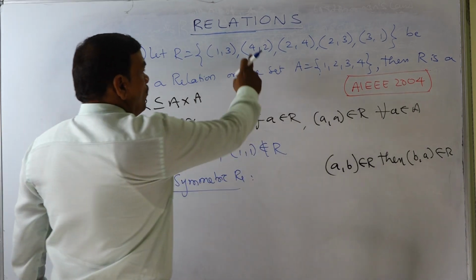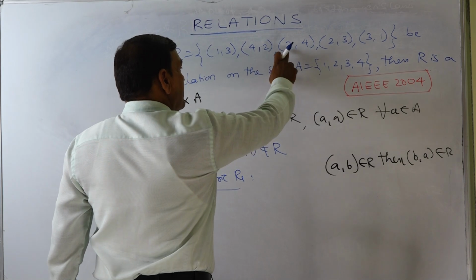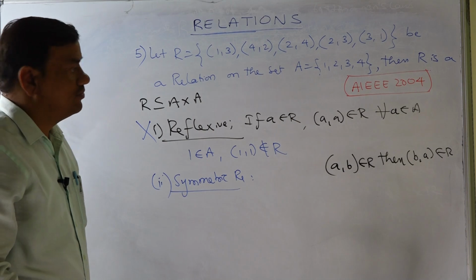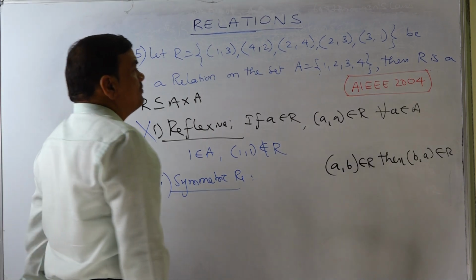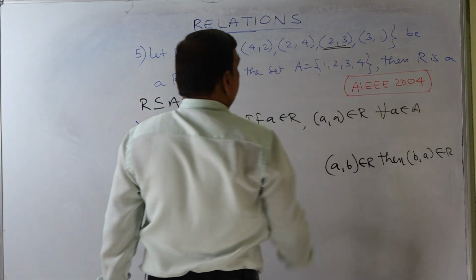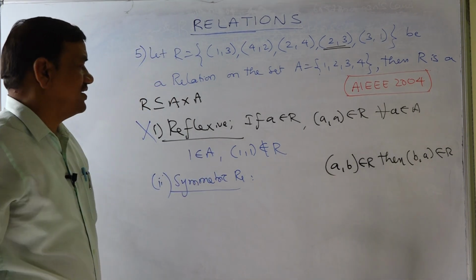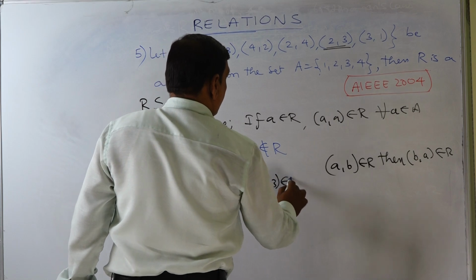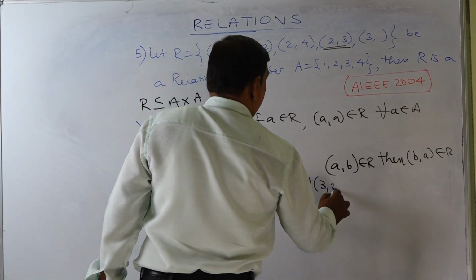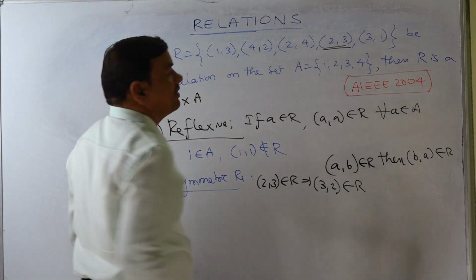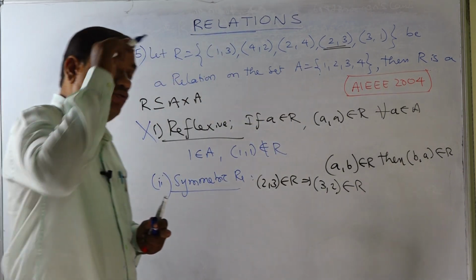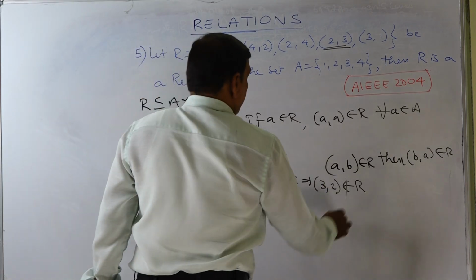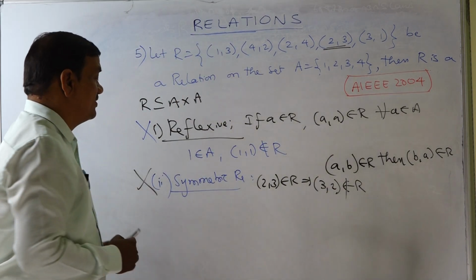Next, 4 comma 2 is there, then 2 comma 4 is also there. Next, 2 comma 3 is there, but 3 comma 2 is not there. See here, 2 comma 3 belongs to R. 3 comma 2 should also be there. If 2 comma 3 is there, we have to search for 3 comma 2. But 3 comma 2 is not there. Therefore, R is not symmetric.